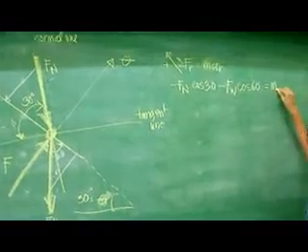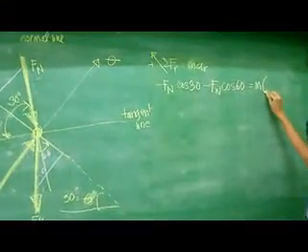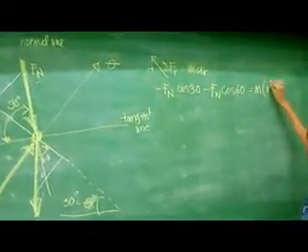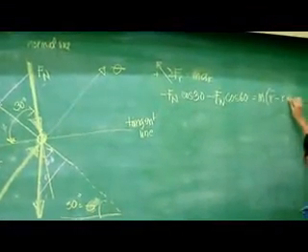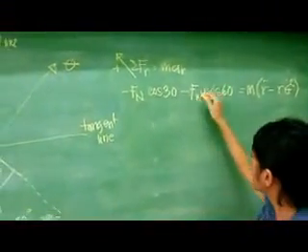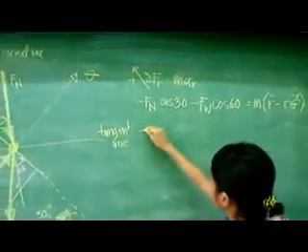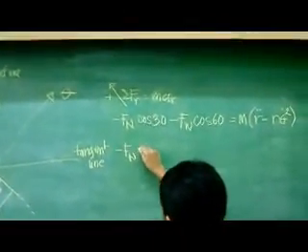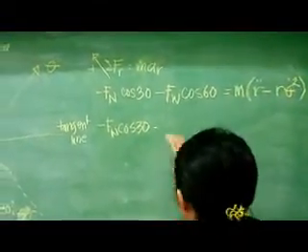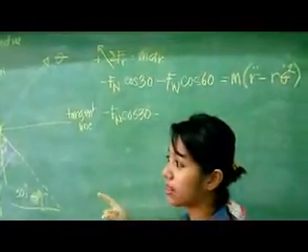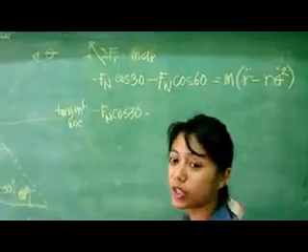So it's equal to m times our acceleration, which is r double dot minus r theta dot squared. So, negative Fn cosine 30. And our Fw is mass times the gravitational acceleration.